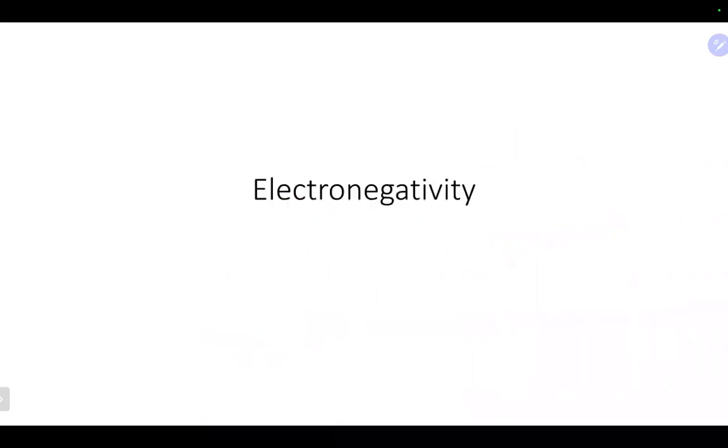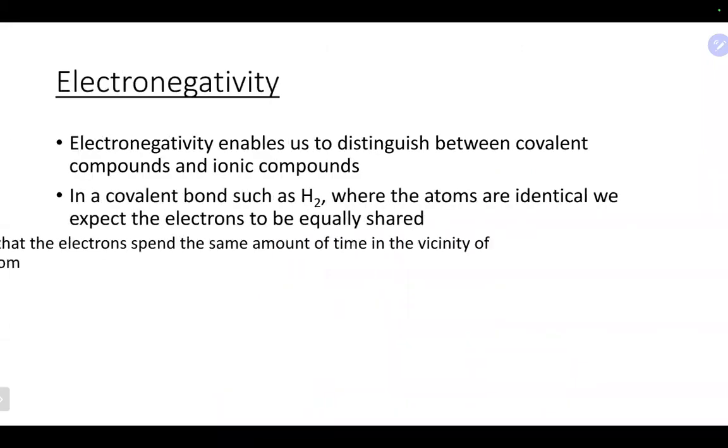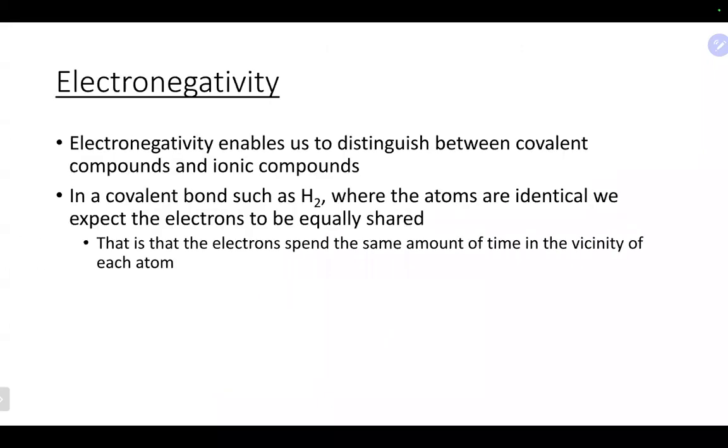So electronegativity is a really important aspect of sharing electrons. And electronegativity is the ability of an atom to bring electrons towards itself.